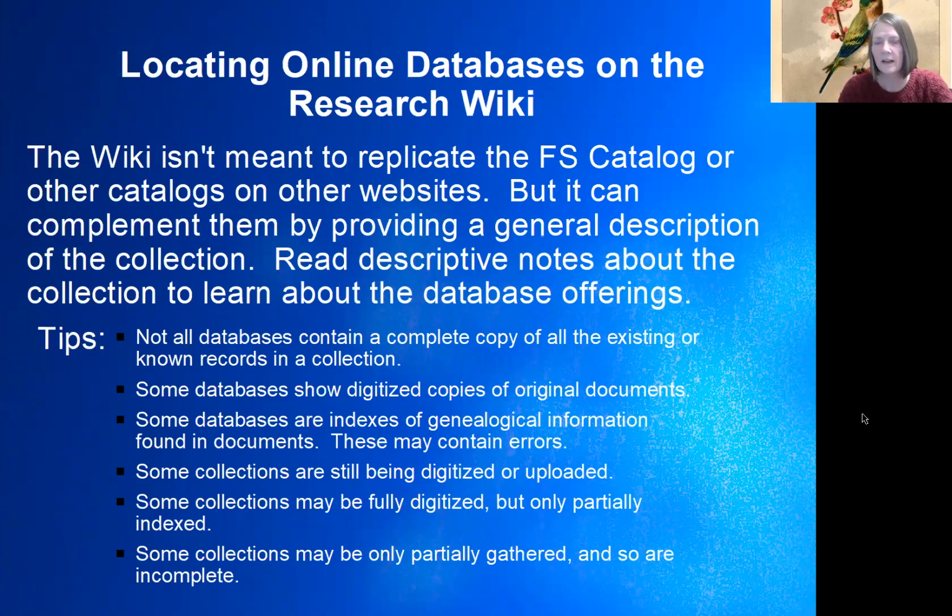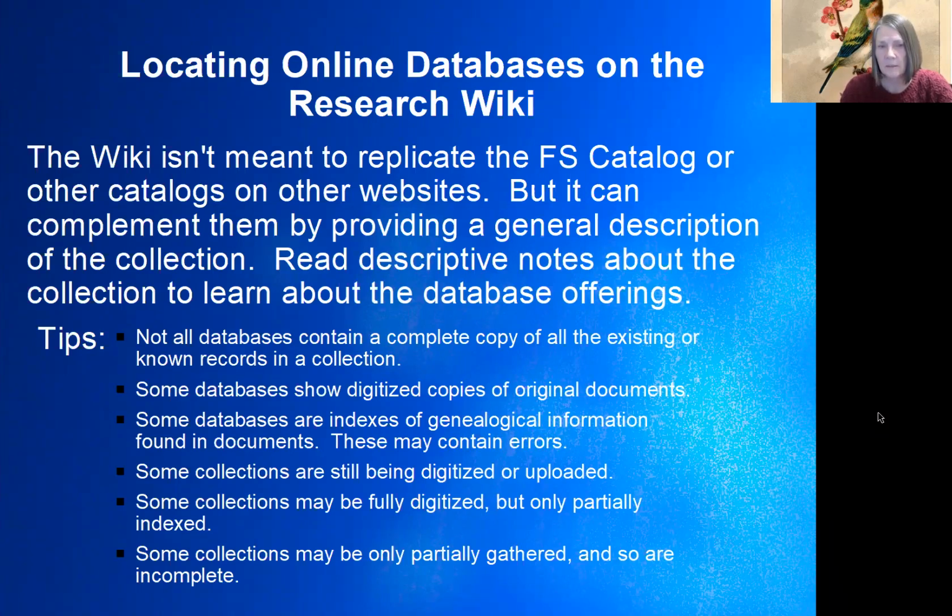It's just an informational website to find where you can go to find those things. But it almost always provides a general description of any collection that they have a link for. So I would always read the descriptive notes about the collection first before you go to the collection to learn about what it actually offers, because it may save you some time.